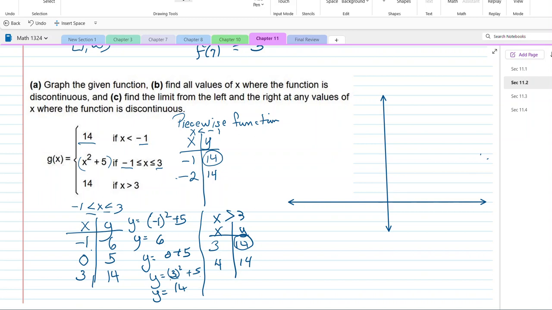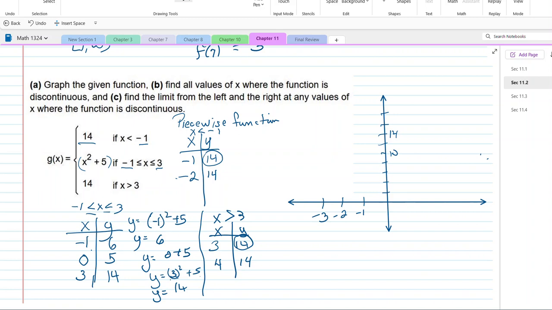So we started with -1. Here we go, -1, 3. And these are 2, 4, 6, 8, 10, 12, 14, 16, 18, and so forth. Because I think 14 is the magic number.